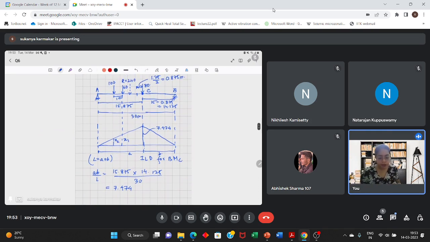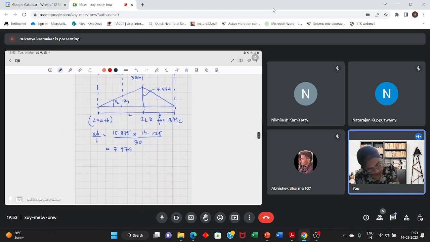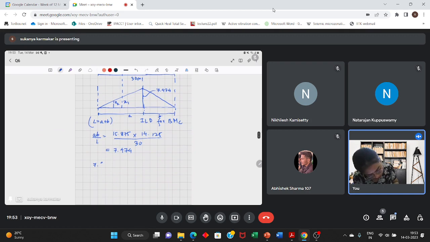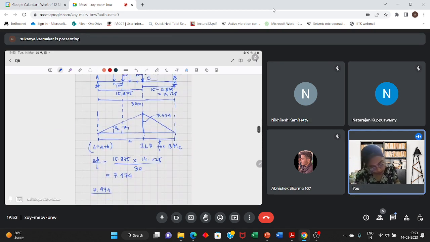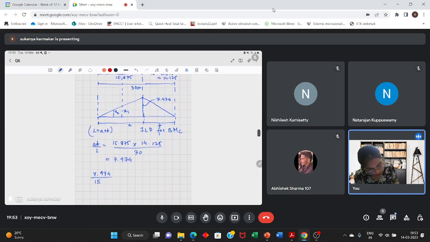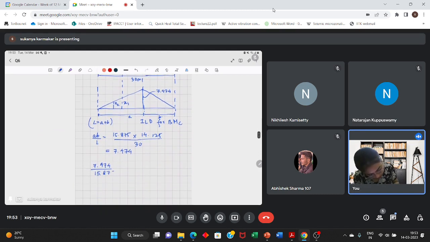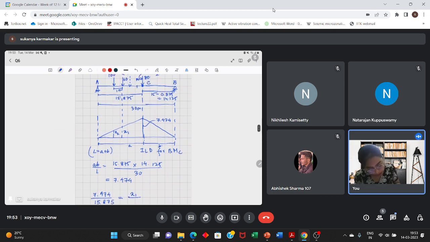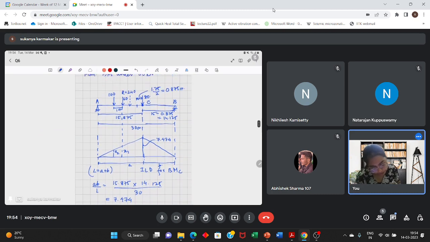So from similarity of triangle, you can calculate this. How can you calculate this? 7.474 is here. And how much is this bigger? The base of the bigger triangle is 15.875. This is x1. And how much is this? This is from the center.